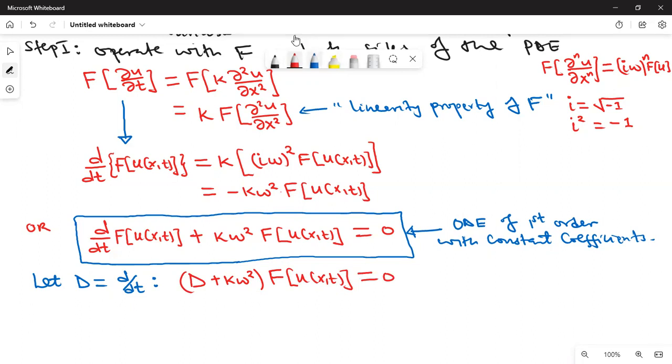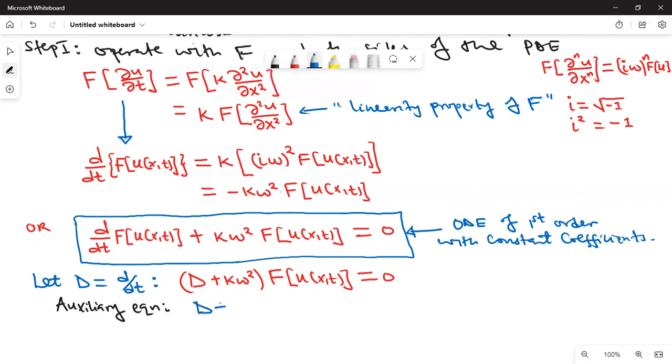So what is the auxiliary equation? You need to equate the coefficient of that Fourier transform to 0.